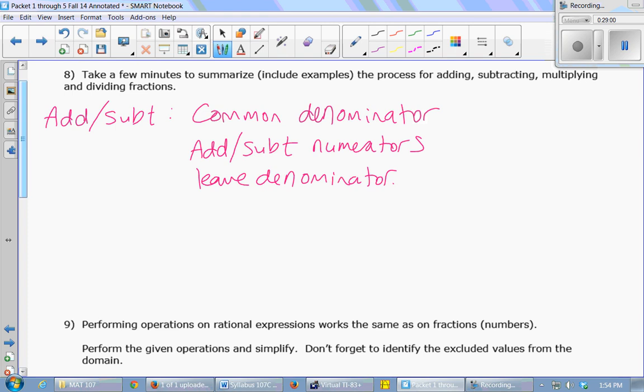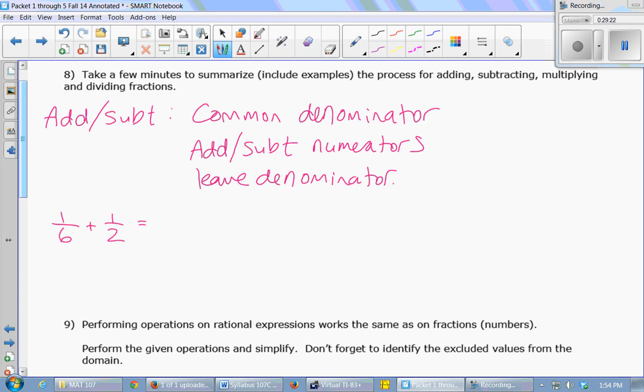So, quick example. We'll do one together. Let's say I wanted to do 1/6 plus 1/2. What would my common denominator be? 6, right? So you think about factoring: 6 is 2 times 3.